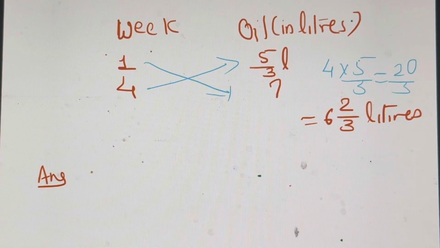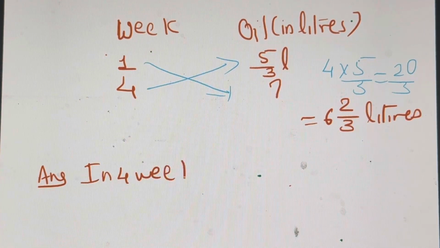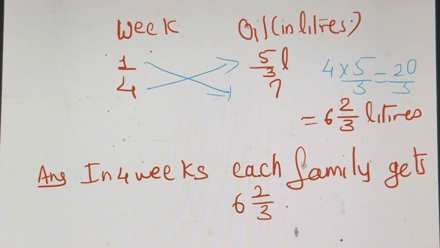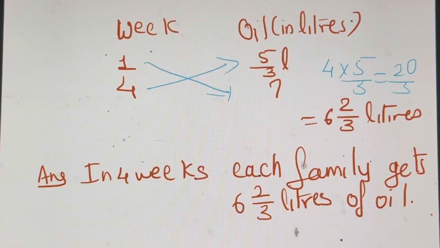Answer is in 4 weeks, you can frame your own answer. In 4 weeks, each family gets 6 2/3 of a liter, 6 whole 2/3 of a liter of oil. So this is answer number 3.